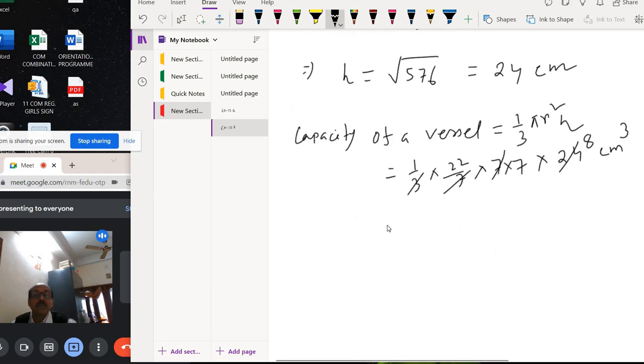Now multiply 22 into 56, then into 8 gives 672.